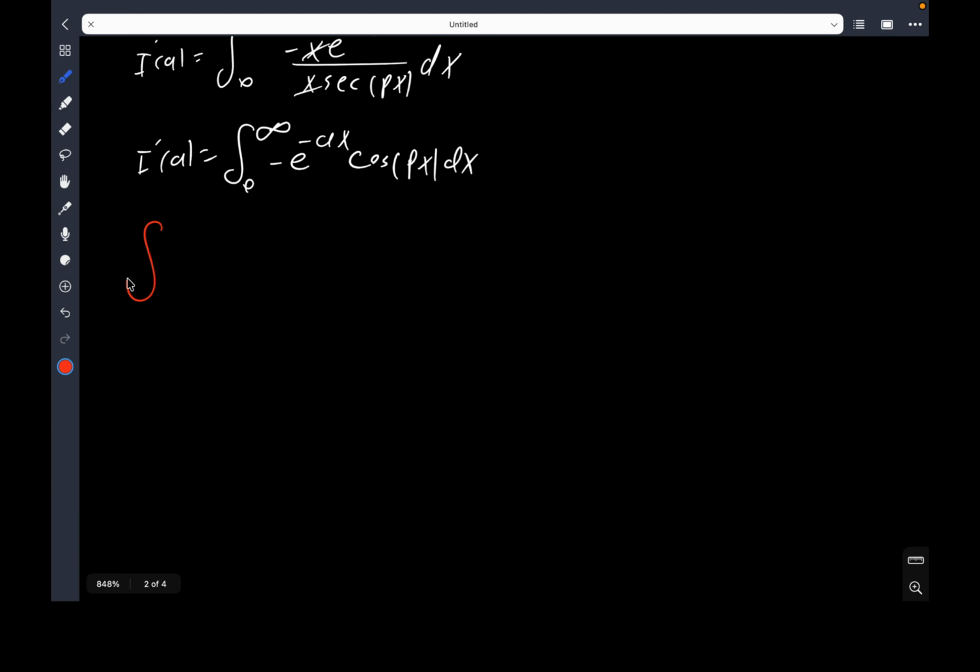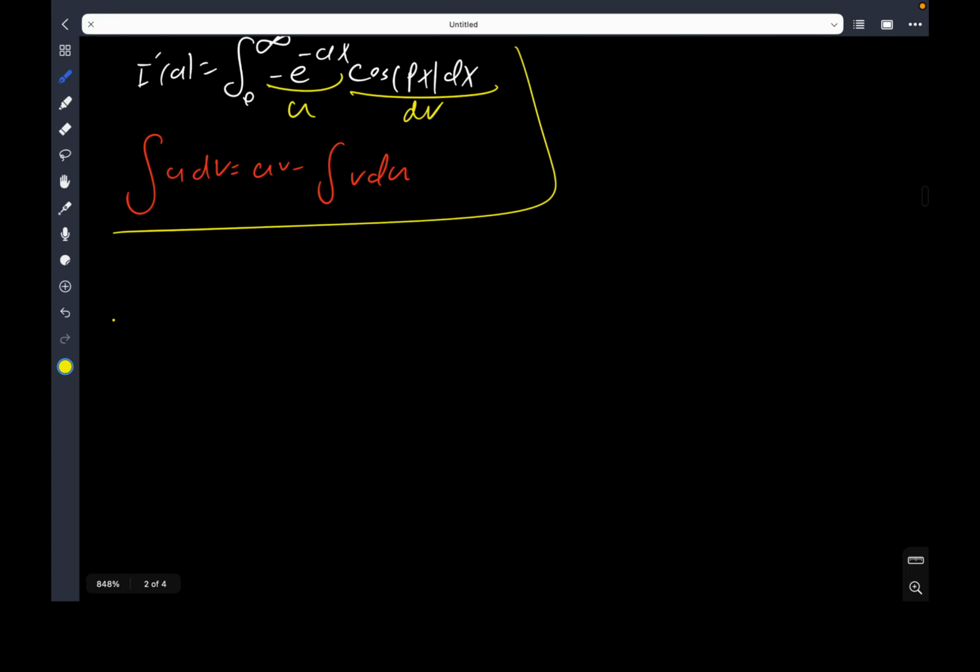And now, integration by parts tells us that if I have an integral of u dv, I can write it as uv minus the integral of v du, and we're going to utilize that definition for this. I'm going to let this be equal to u and this dv. If u is negative e to the negative ax, my du is a e to the negative ax dx.